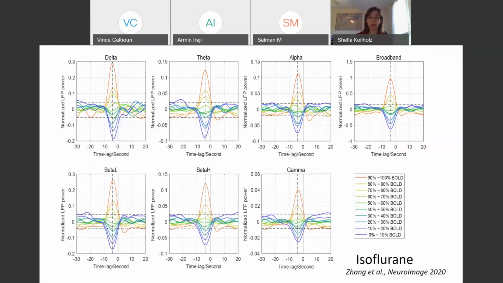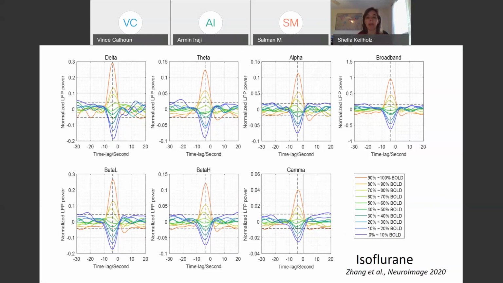So Xiaodi was working on this, and he took a different perspective to get another view of what was going on. For this analysis, he triggered on the high amplitude bold events, or I should say different amplitudes of bold events, and then looked at the window before to see what was happening with the LFP.